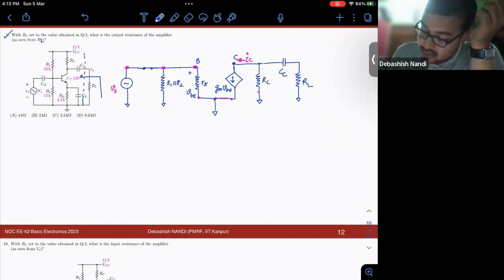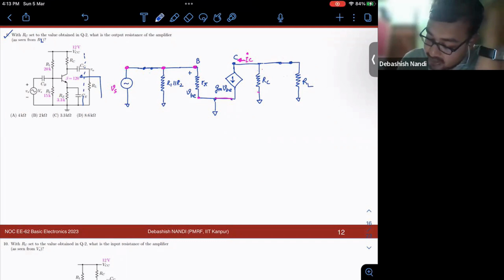And this is also shorted. This becomes my overall circuit diagram, and I need to find out the output impedance looking from this side. Okay, this is R out.